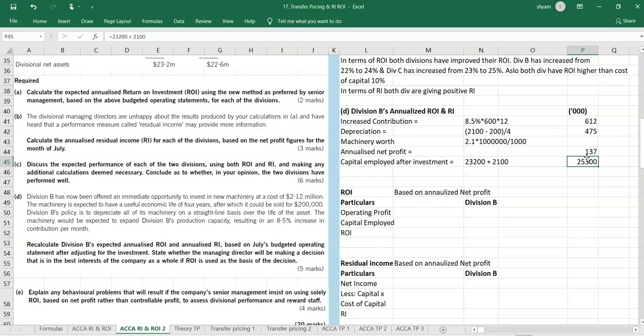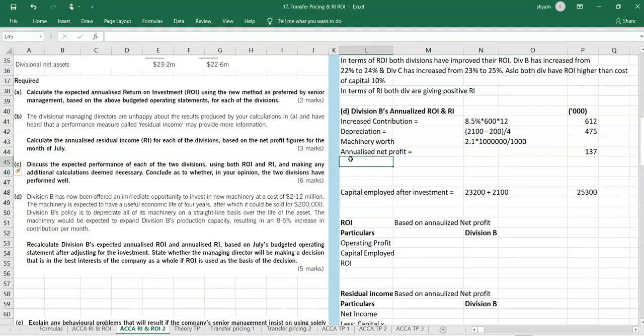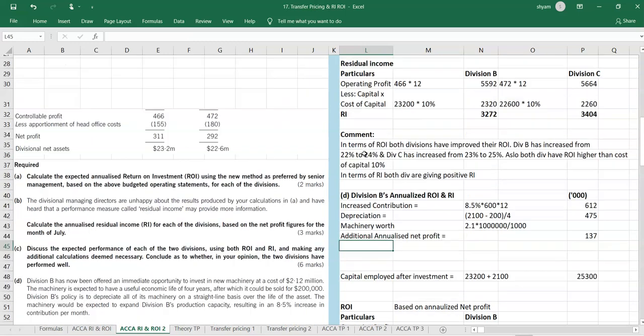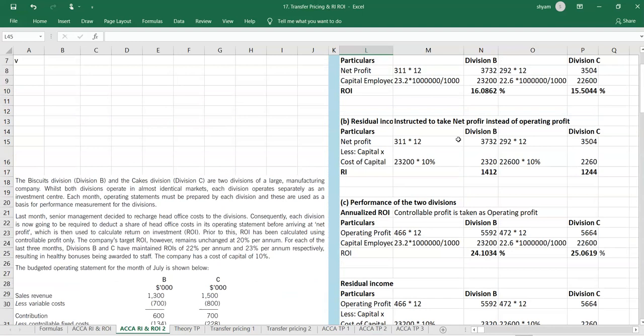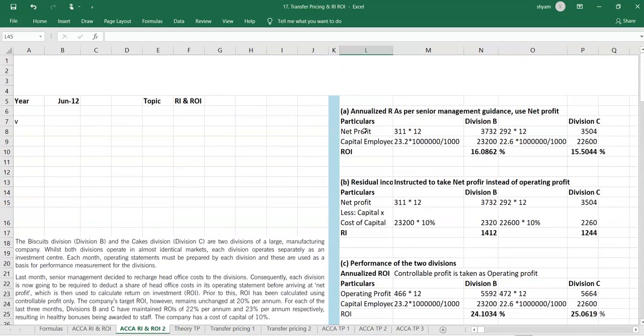So can we divide this number like this? The answer is no. We cannot do that because this is only for the machine. We have to get what's the existing. This is additional annualized net profit, but what we have to get is the existing net profit. So existing net profit, we can get it from here. For division B, this is the existing net profit.